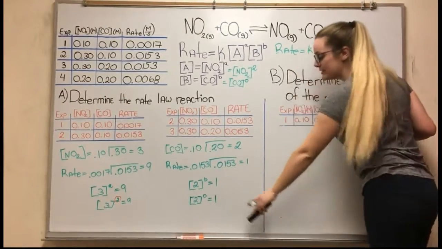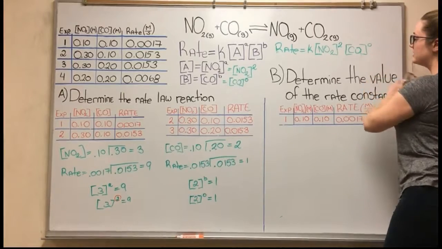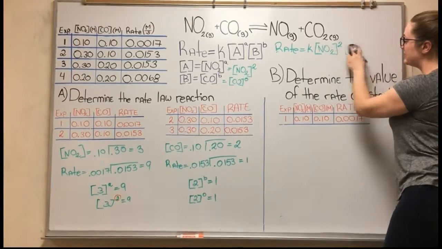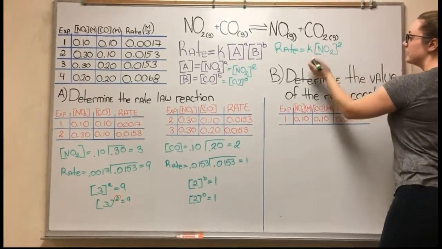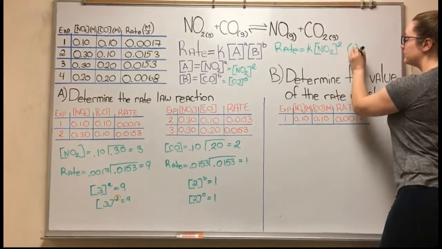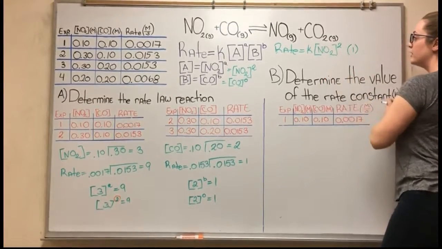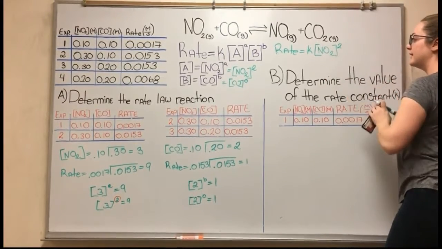And now remember what we said, that anything to the power of 0 just equals 1. So we can rewrite this as NO2 to the power of 2 times 1. And since anything times 1 is just itself, you can get rid of the 1 altogether.